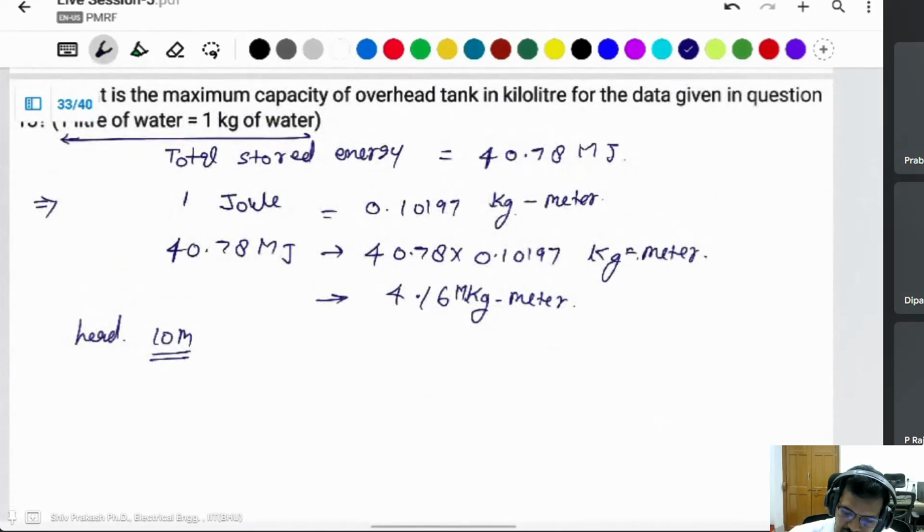Right. Then what is the total kg of water? For 1 meter head, it will be 4.16 mega kg.